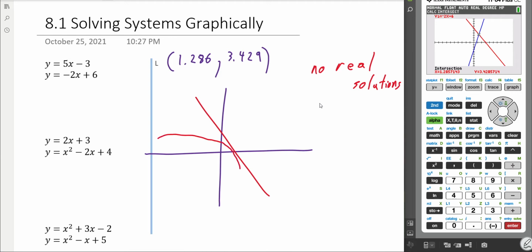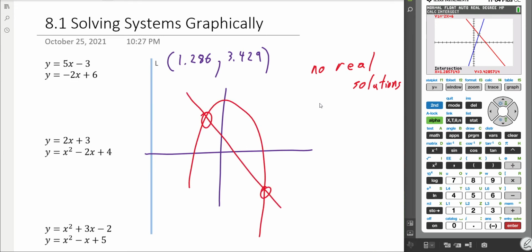You can imagine if you have the quadratic going like this, it could only touch in one spot, or most of the time your quadratic is going to touch in two spots, or sometimes your quadratic may never touch, in no spots, right? Depending on the quadratic.